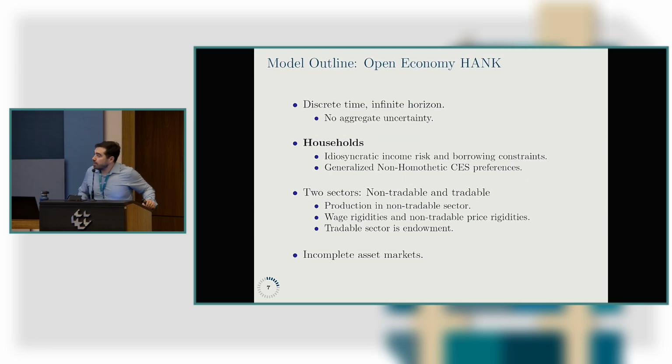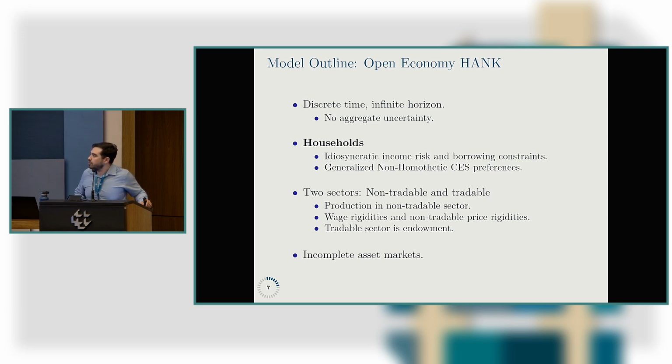Let me give you the model outline. The main modifications to a standard textbook small open economy two-sector model are at the household level. Households face idiosyncratic income risk and borrowing constraints, and the preferences are not Cobb-Douglas or homothetic CES.